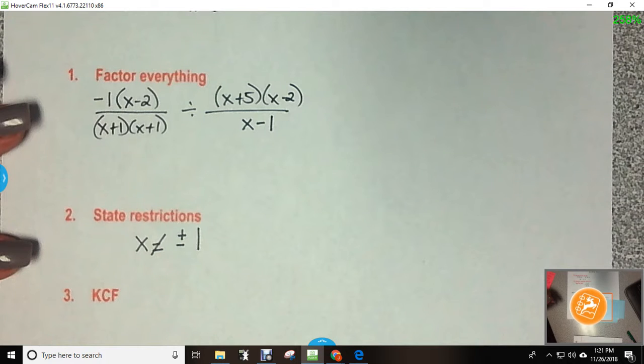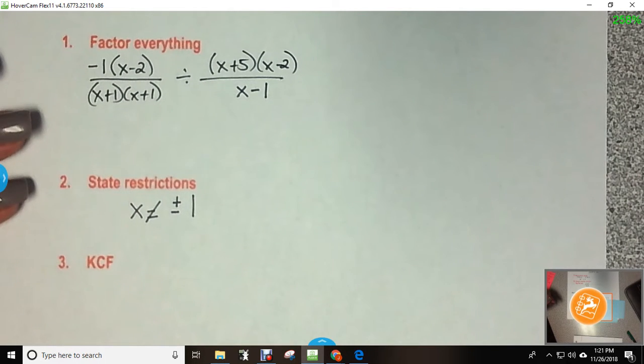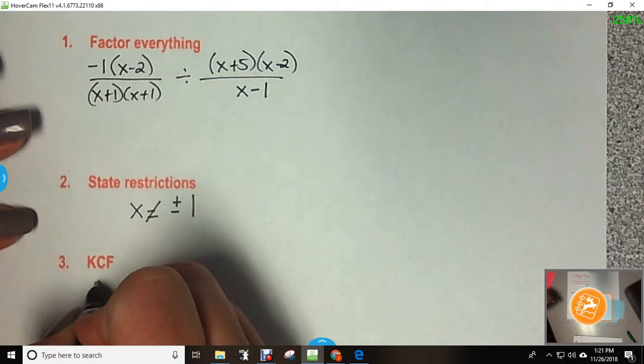Yep. So does anybody need me to go back and show you where these came from? Are y'all good on the restrictions at this point? Okay. Now that we've decided about the restrictions, now go ahead and keep, change, flip.